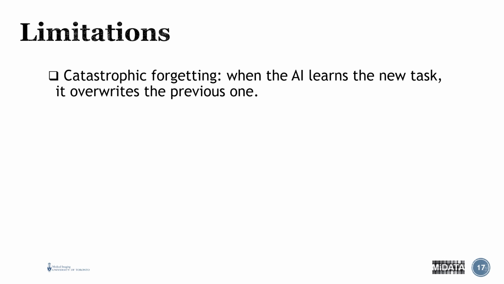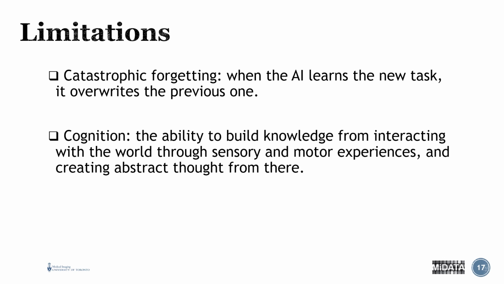Now, of course, there are always a few limitations. One of them here, which is interesting, is called catastrophic forgetting. Machine learning and AI can learn a new task, certainly, and it's an iterative process, but it also overwrites the previous one. So that can be a limitation in your methodology. Cognition, the ability to build knowledge from interacting with the world through sensory and motor experiences and creating an abstract thought from there.